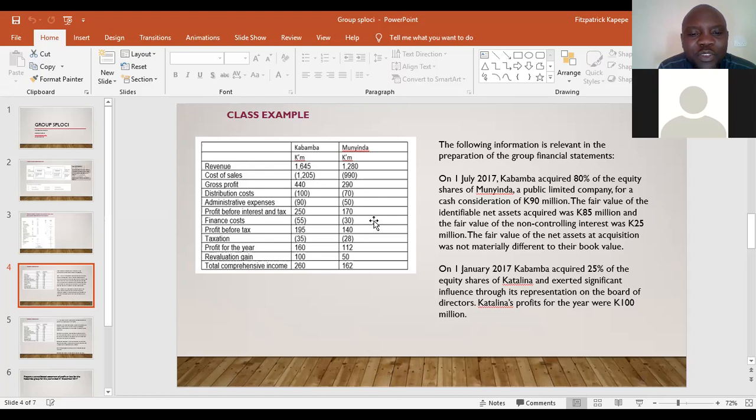No. It can't be 25 million by 20%. Why are you subjecting your NCI to 20%? Because it has already been given for the NCI. First, let me know why you are subjecting 25 to a 20% computation.